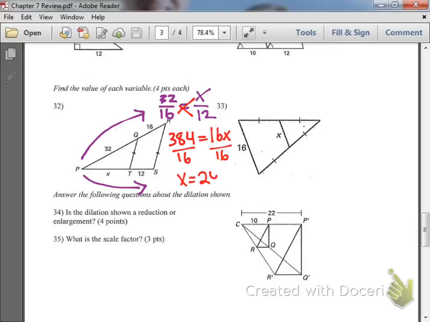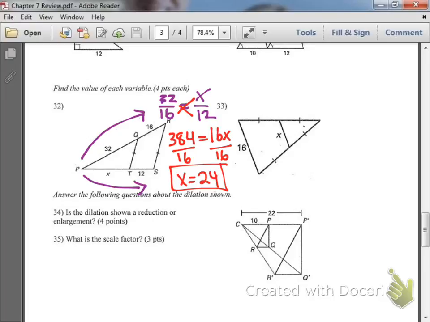Very good. So again, the key here is however you set it up once, set it up again that way. So if you start with the 32 to the 16, go to the one across from the 32, that's the x, x over 12. Questions?